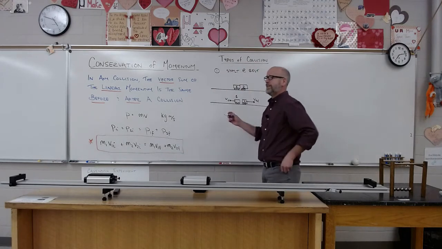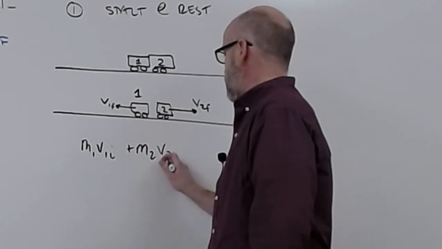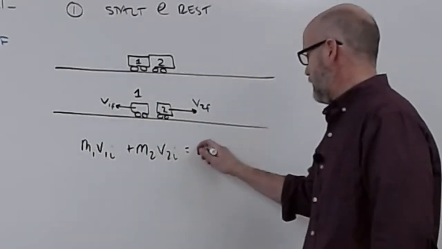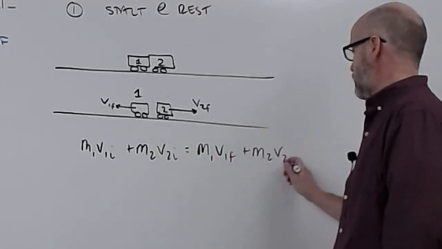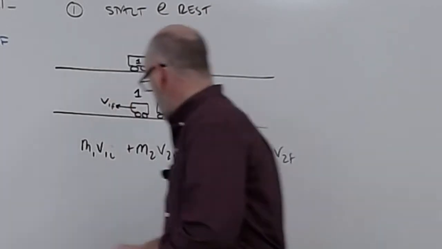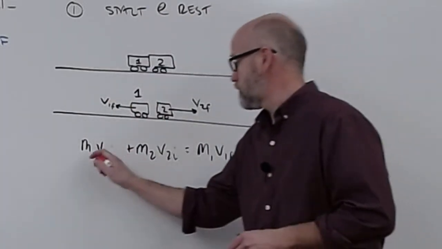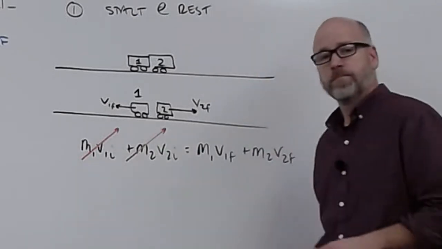Let's try it. So if I go ahead and write out my formula, M1V1 initial plus M2V2 initial equals M1V1 final plus M2V2 final. But like I said, we were starting at rest, so the left-hand side of my equation, each go to 0.